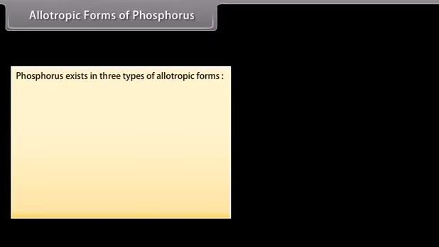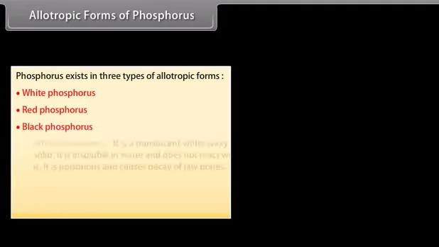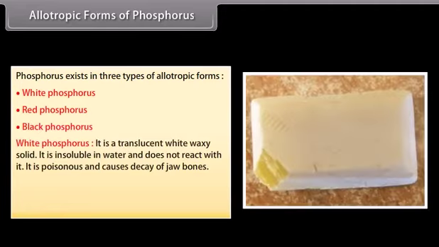Allotropic forms of phosphorus. Phosphorus exists in three types of allotropic forms: white phosphorus, red phosphorus, and black phosphorus. White phosphorus is a translucent white waxy solid.